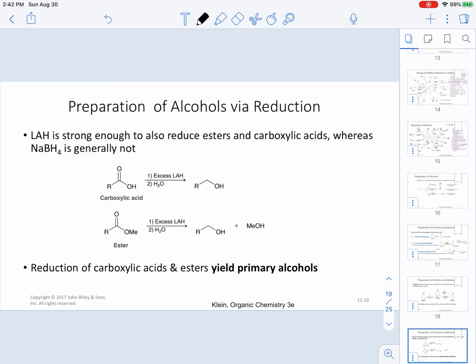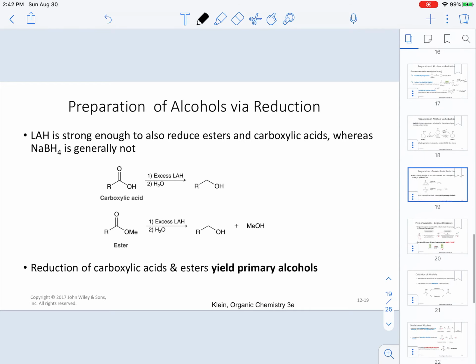Continuing along with the preparation of alcohols, understand that, as I mentioned previously, lithium aluminum hydride is actually a strong reducing reagent. So it not only can reduce aldehydes and ketones, as we saw previously, it can also reduce esters and carboxylic acids.